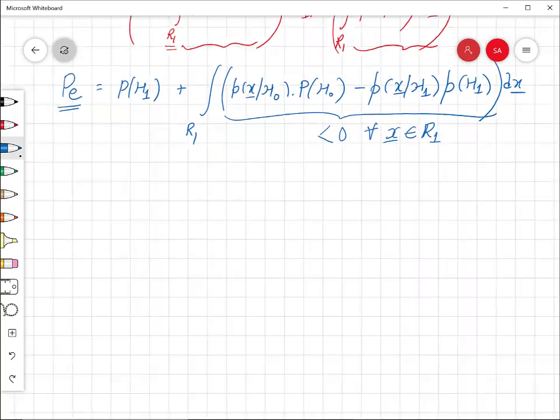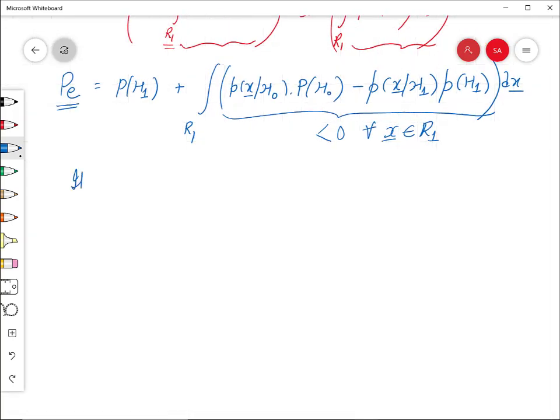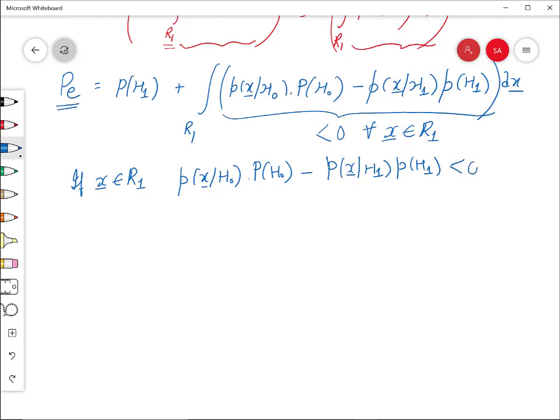So let's do that. If X belongs to region R1, this particular quantity inside the integral, probability of X given H0 times probability of H0 minus probability of X given H1 times probability of H1, is less than 0. And let me simplify it further.